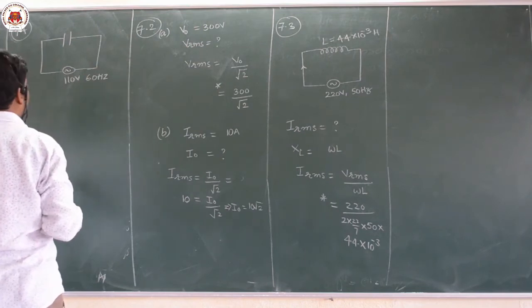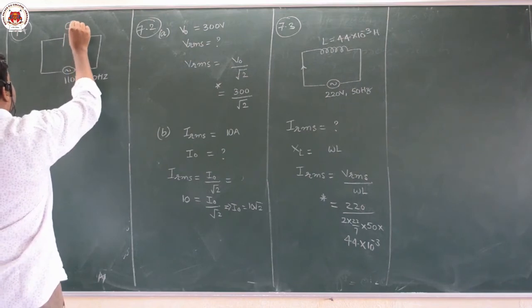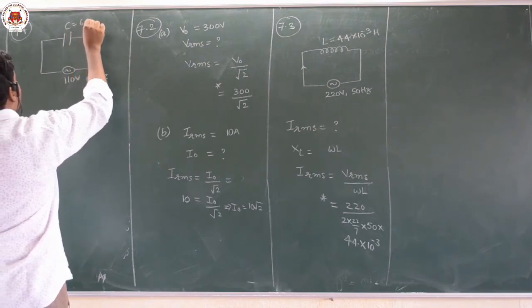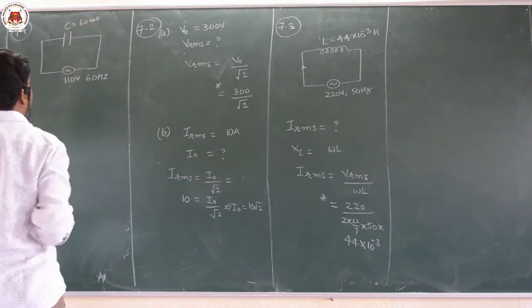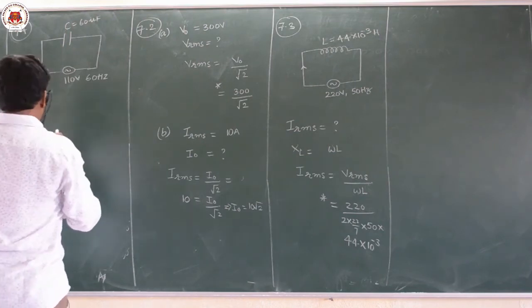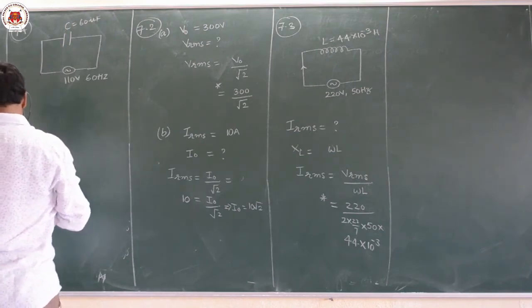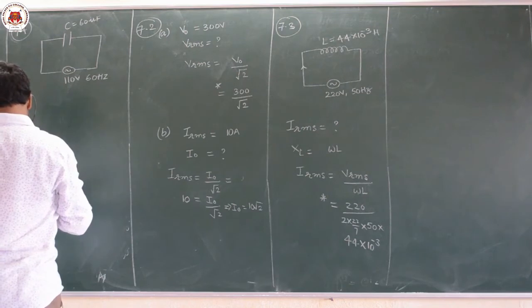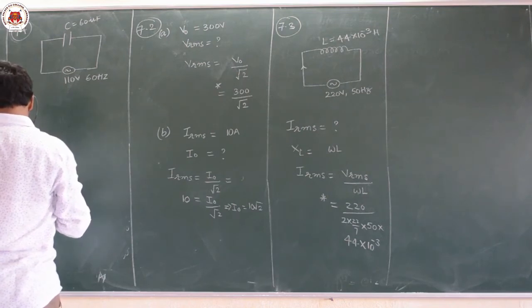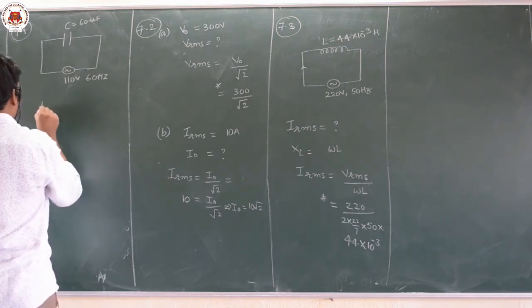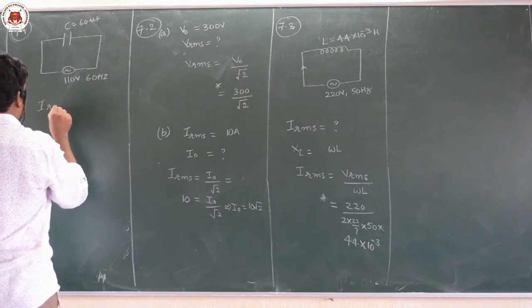Determine the RMS value of current. Capacitance is 60 microfarad. You have to find the RMS value of current, IRMS.